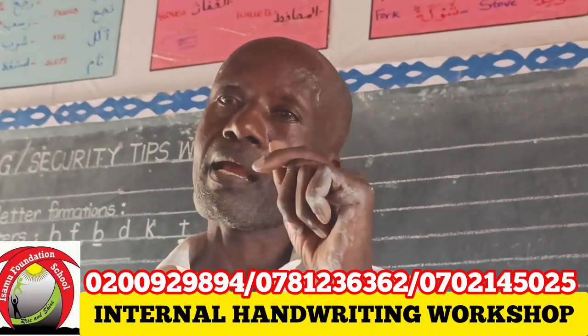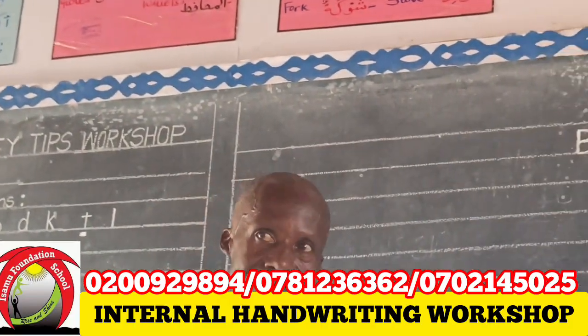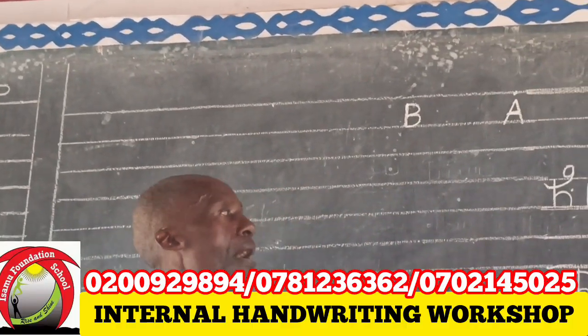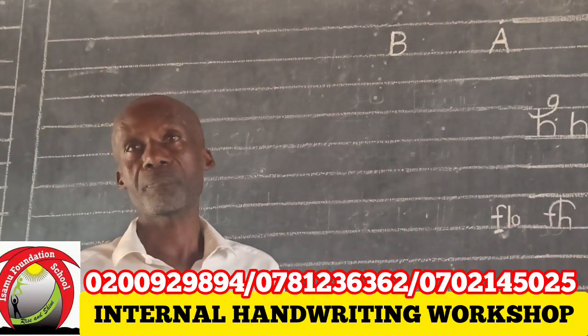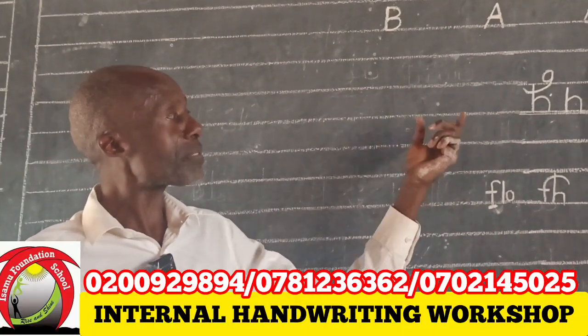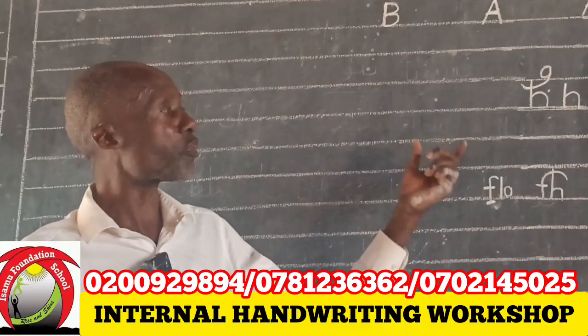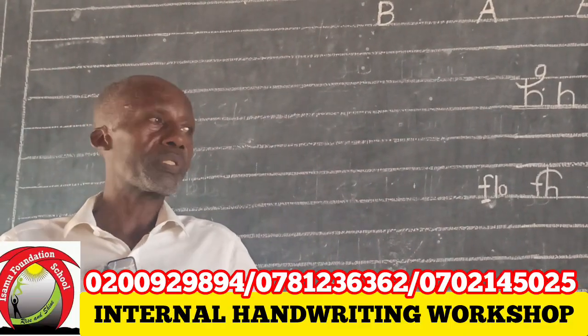If there is an area or an aspect where keenness is required, that aspect is none other than handwriting. And for information, handwriting has made very many candidates to fail. I think next year, God willing, I will work hand in hand with the head teacher's office.